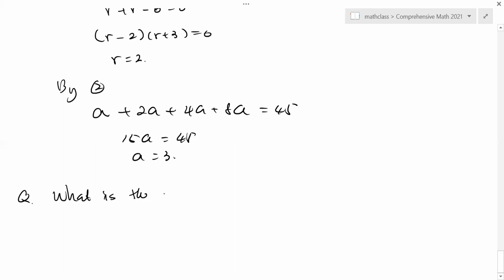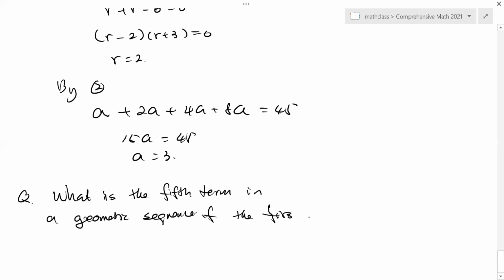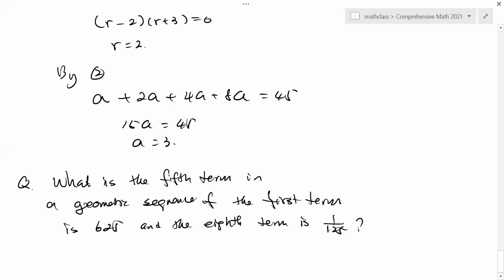What is the fifth term in a geometric sequence, if the first term is 625 and the eighth term is 125?